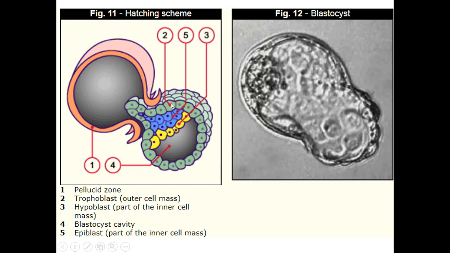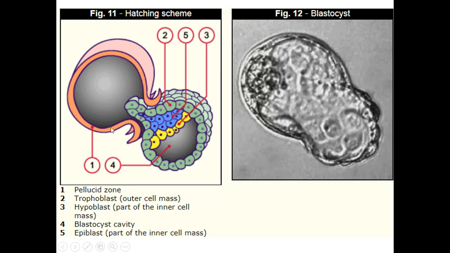So what is going on? When hatching happens, approximately on the 5th or 6th day of embryogenesis, when they have entered the womb, a lot of compounds and nutrients are produced, which are absorbed through the semi-permeable structure of the zona pellucida, and we have a process of mass gain of the embryo.